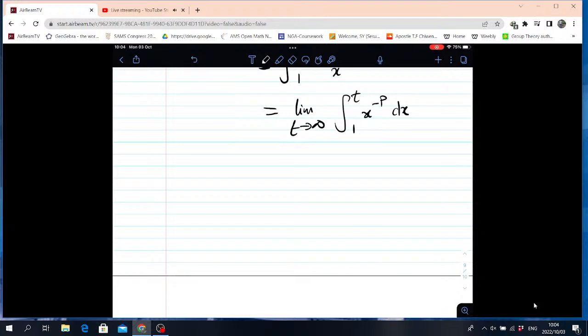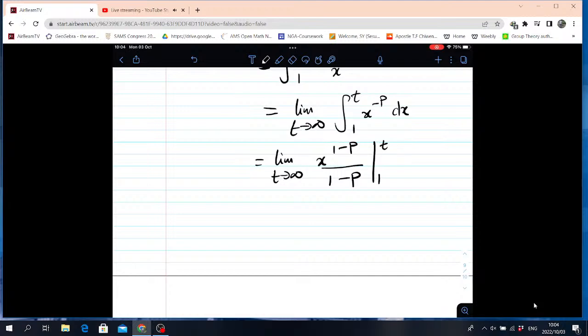And so we want to integrate x to the minus p, and we know that the integral is just x to the 1 minus p over 1 minus p. So you add 1 on the power, and then you divide by that new power. We know how to do that. And then we evaluate from 1 to t.